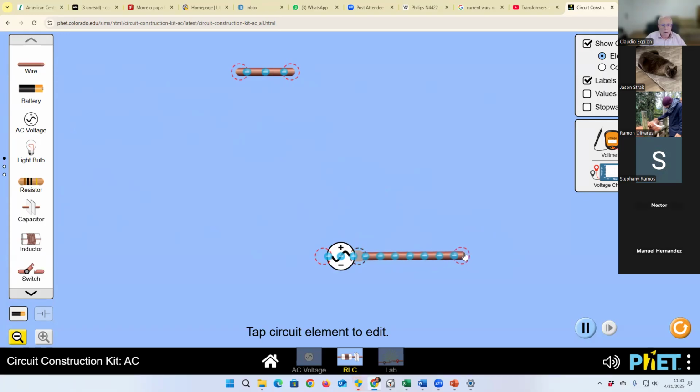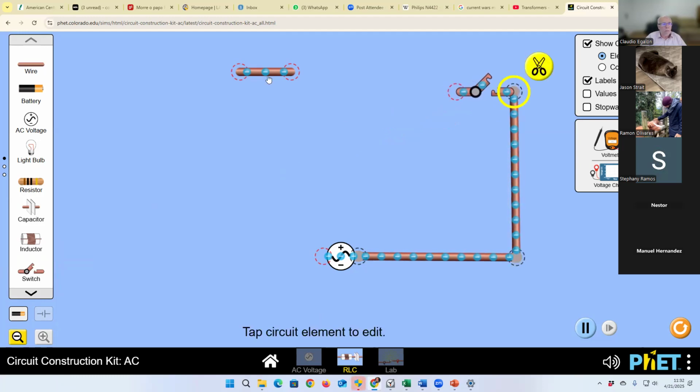Wire. Wire. And we need the switch. Switch, wire, and a capacitor.